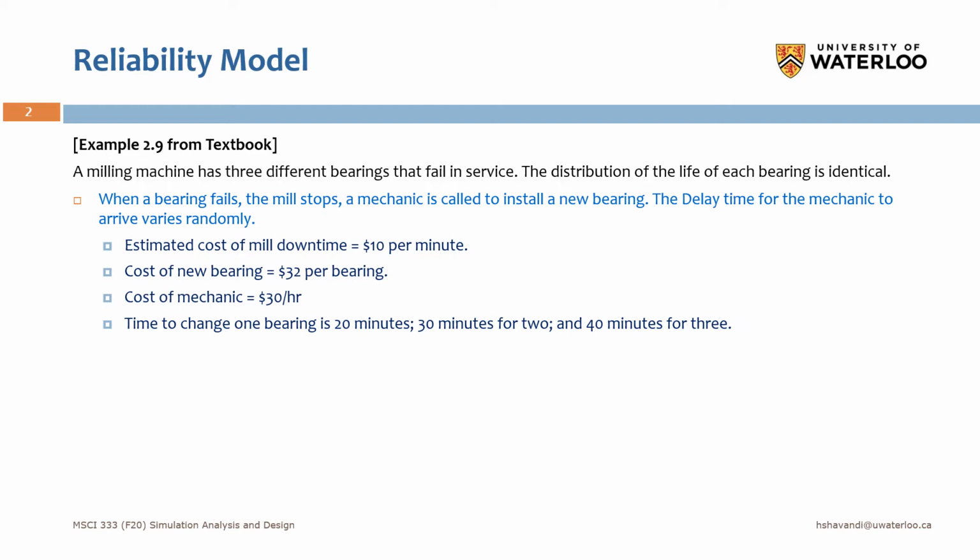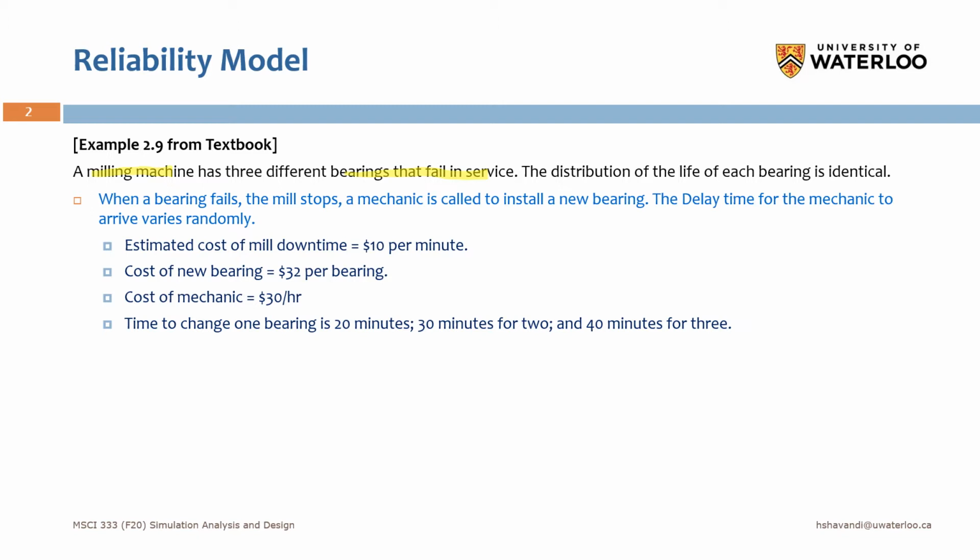Here we have a milling machine which has 3 different bearings that fail in service. The description of the life of each bearing is identical. It doesn't mean that the useful life of the 3 bearings is exactly the same. No, it's not the case.